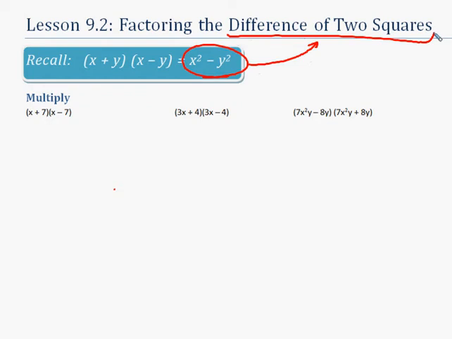Difference of two squares, or just a difference of squares, because difference means subtraction and squares means squaring. So we learned that if we have x plus y times x minus y, it will be that difference of squares, x squared minus y squared.